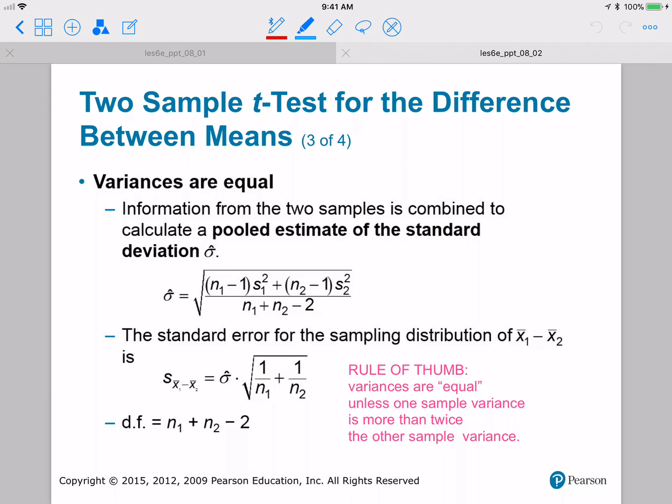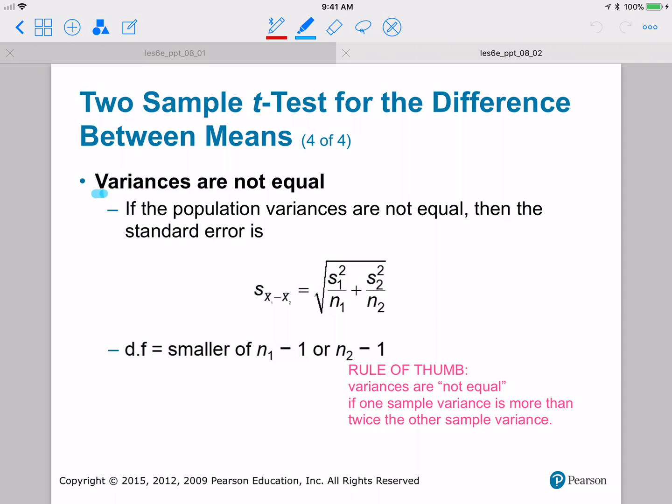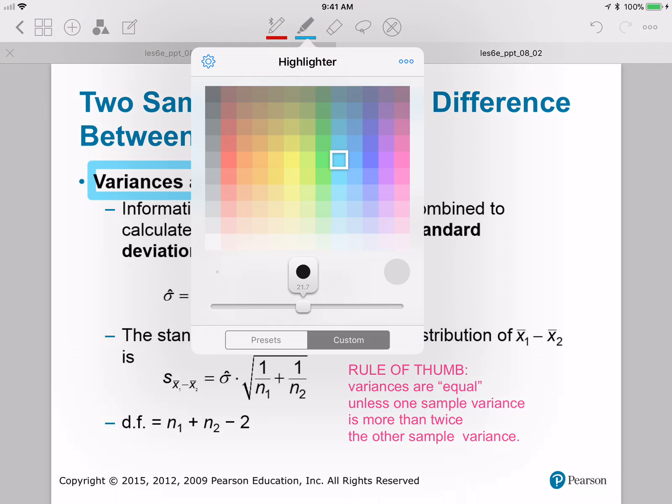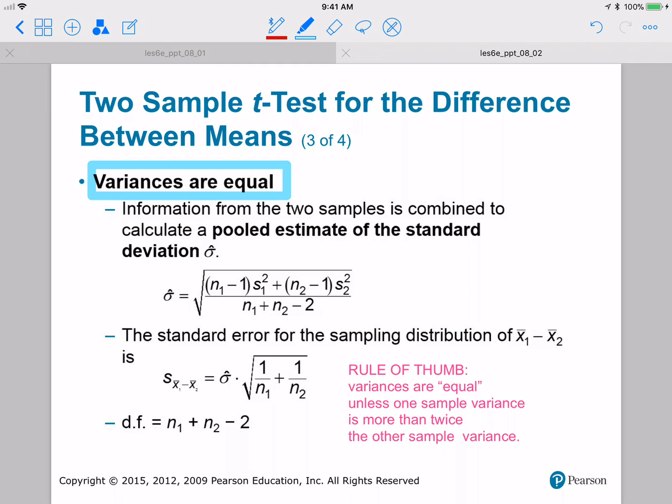So these are the two cases we have. The first case is, what if your variances are equal? And the second case is, what if your variances are not equal? Now, I want to point out that the definition of equal changes depending on the context.